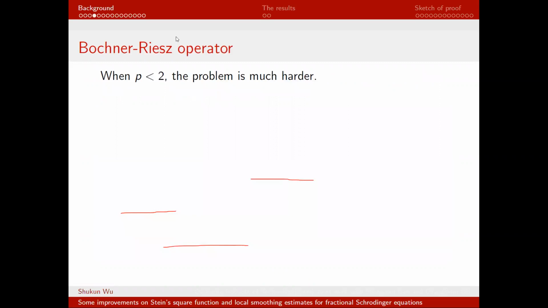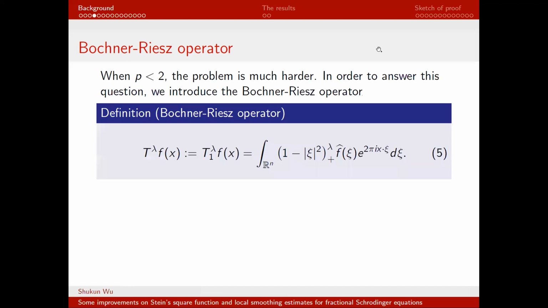However, when P is less than 2, the problem is much harder. In order to answer this question, let's first introduce the Bochner Riesz operator. In the partial sum, we are taking the radius t to be 1. So the Bochner Riesz operator is defined as the following.